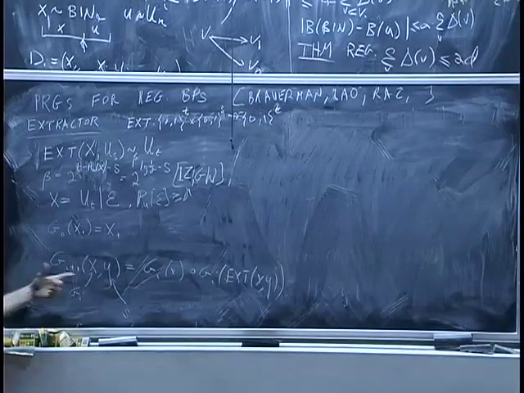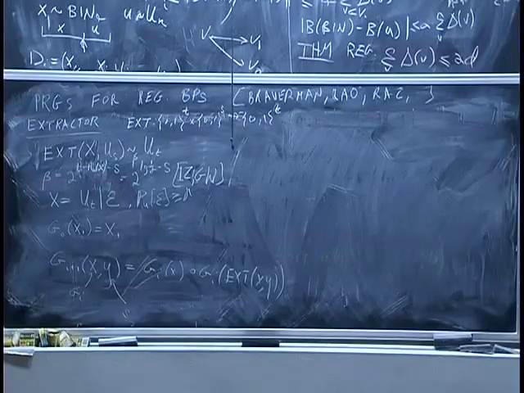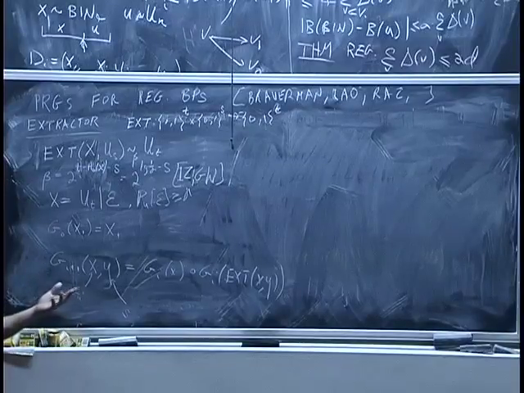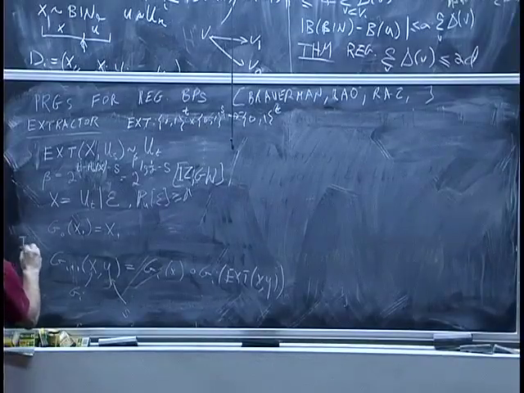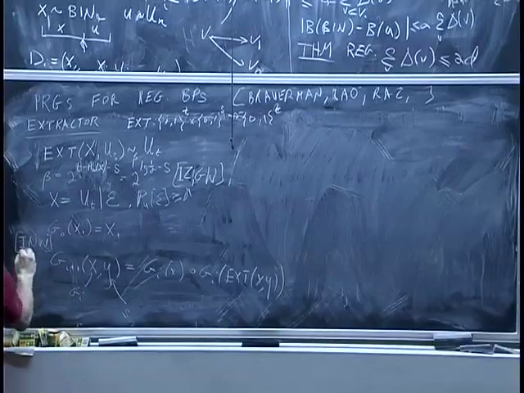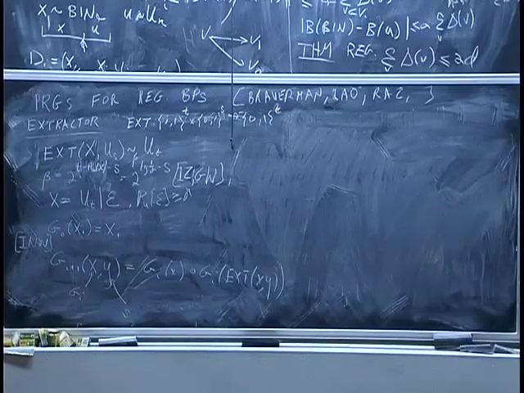If you unroll the induction, it becomes something weird. This form is probably INW. This is what I was saying before. The point is we needed the extractor, we needed the beta to be 1 over polynomial in n.